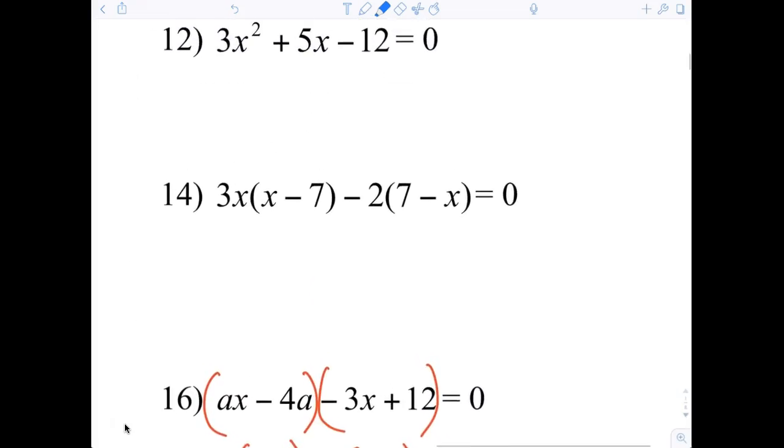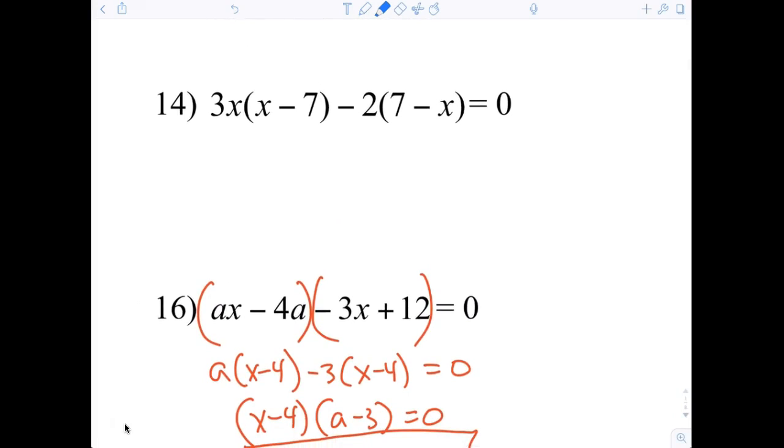All right, make sure you solve it properly. Let me see if there's anything else more difficult. Yep, we need to look at 14. What do we have to do on 14? Factor a negative, correct? And when you factor a negative, this -2 becomes a what? +2. Some of you might say this is what I missed on my test, so I'm not 100% comfortable. Is everybody okay with me changing that to a plus? Then the 7 becomes a what? And the x becomes a? Exactly.